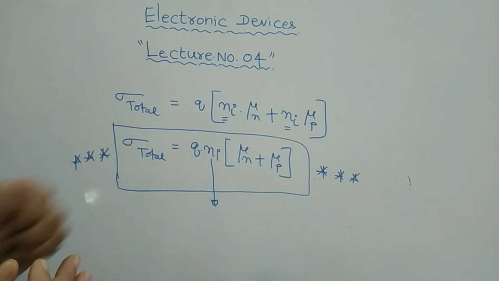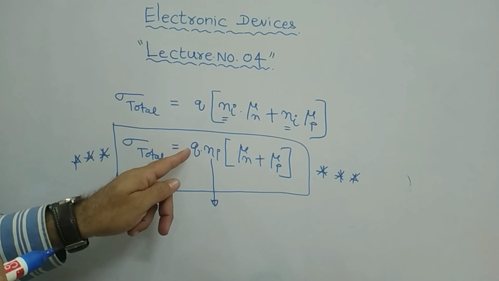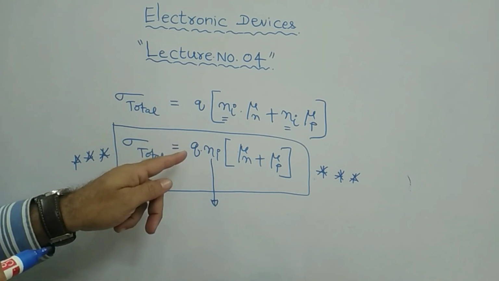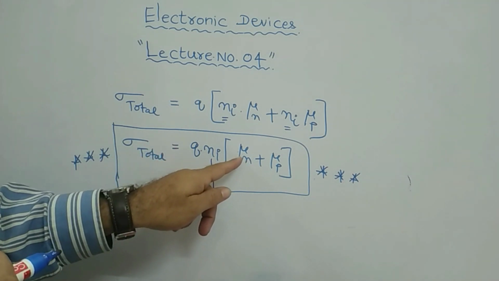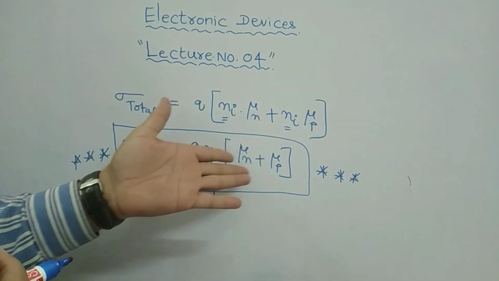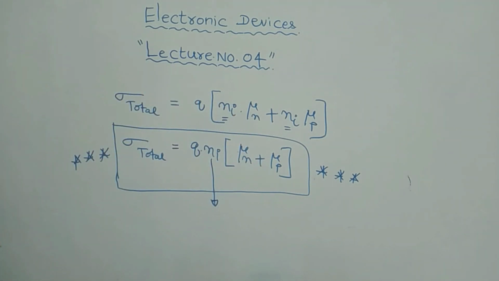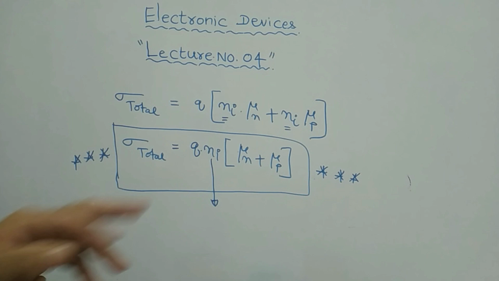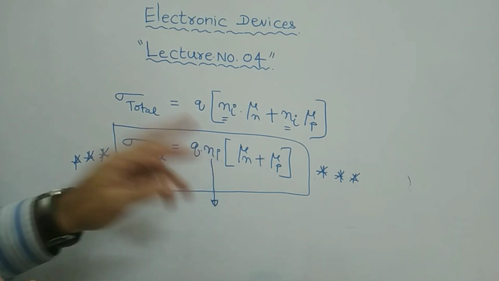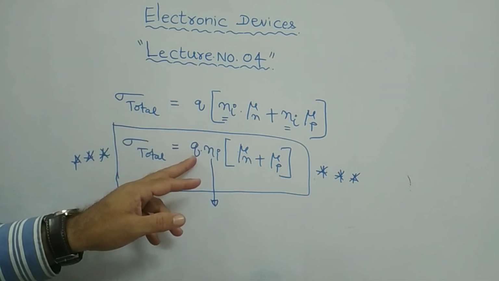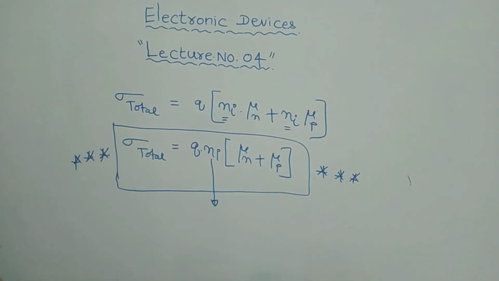The charge value will also be given, along with the electron mobility and hole mobility. The intrinsic carrier concentration multiplied by the charge of the electron and the mobilities gives the total conductivity of the intrinsic semiconductor, right?